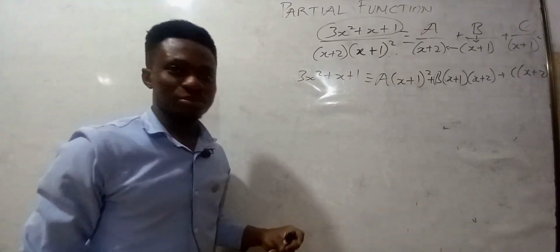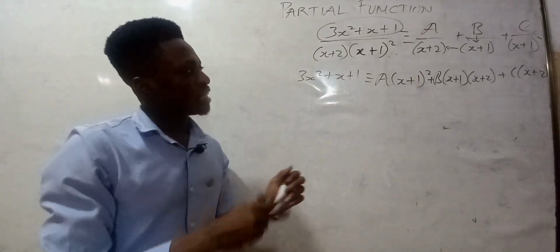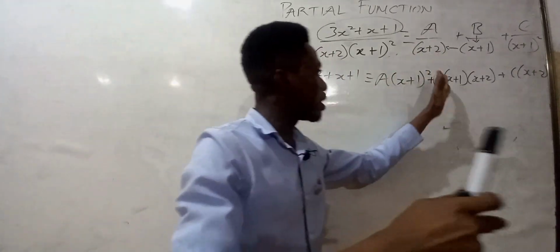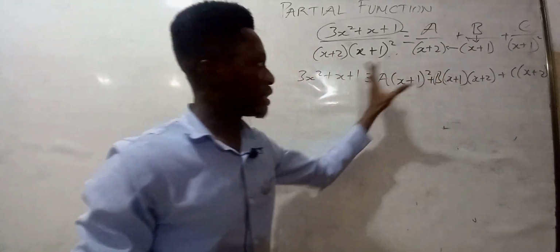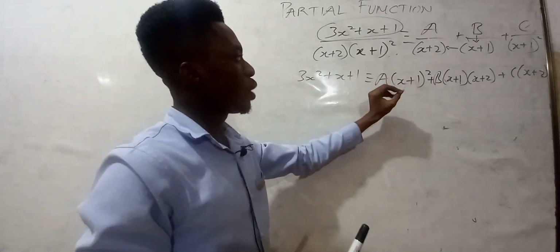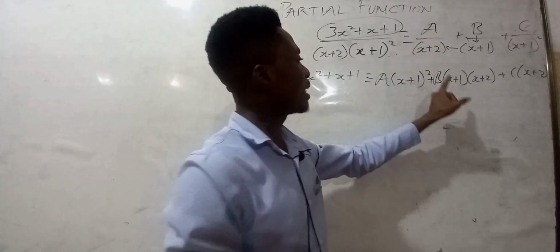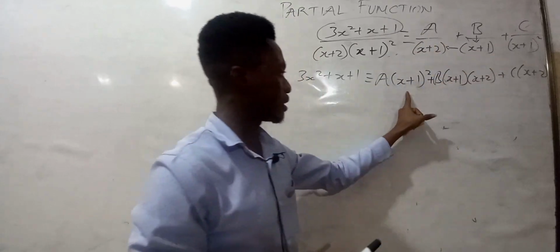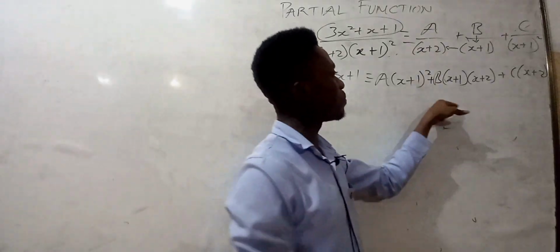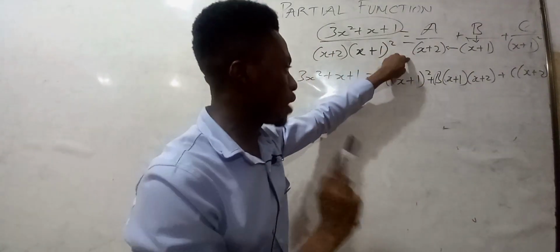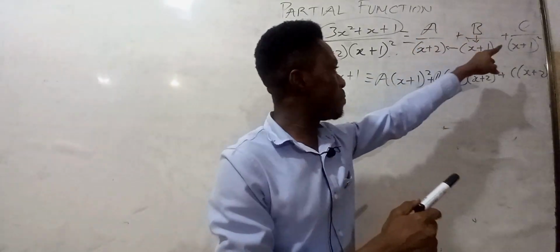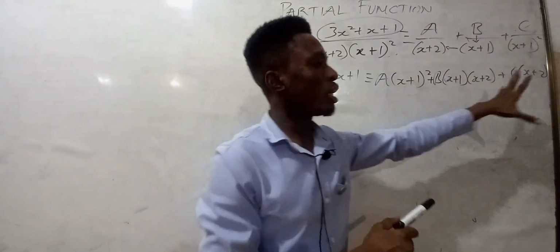As I said, you can find the LCM and you still get it right. But this is the easiest way of doing it. The first thing you do is multiply the A by the denominator of C. Then the second thing you do is the B, you multiply it by its denominator and that of A. Then the last thing, you multiply C by the denominator of A, and you get this.